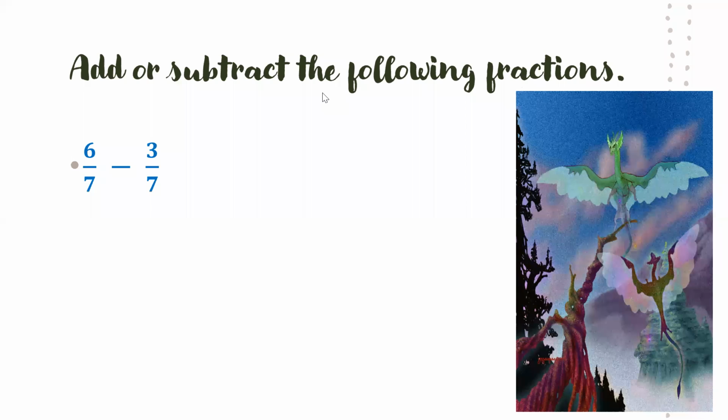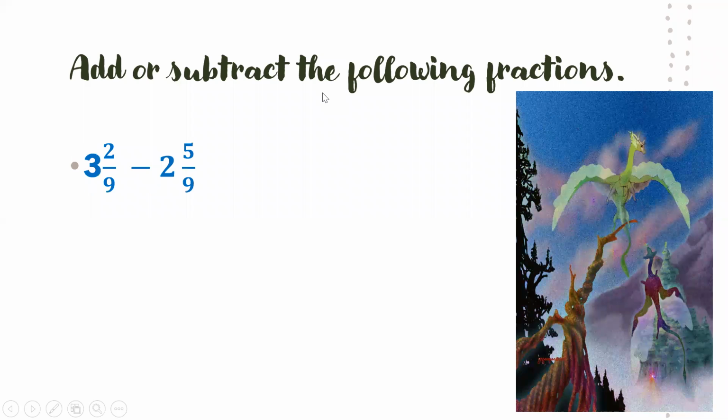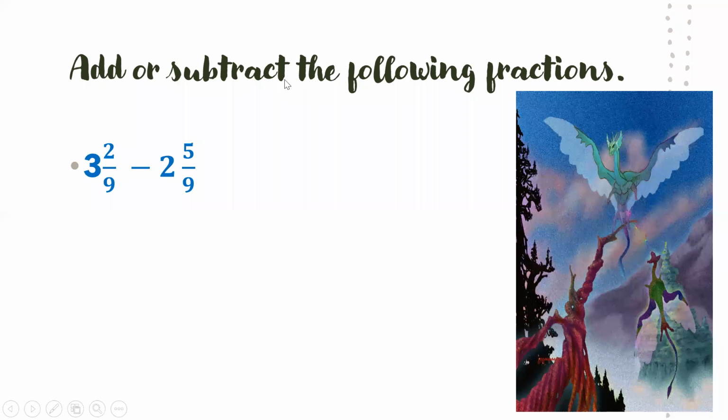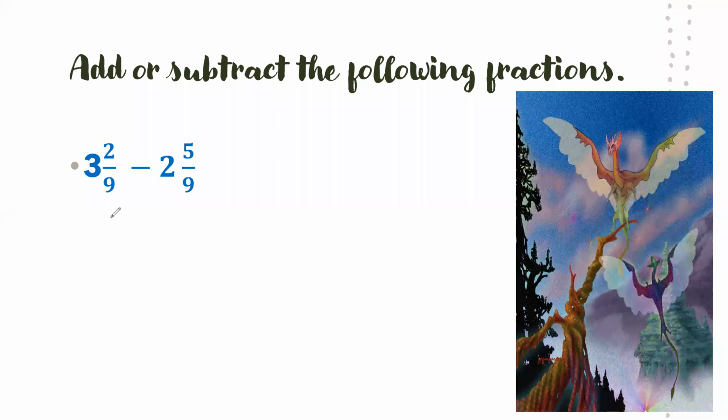Okay, next, 3 and 2 ninths minus 2 and 5 ninths. One solution again is to change 3 and 2 ninths. That is 27 plus 2 is 29 over 9. Subtract it with 2 and 5 ninths. Change it to improper. 9 times 2 is 18, 18 plus 5 is equal to 23 over 9.